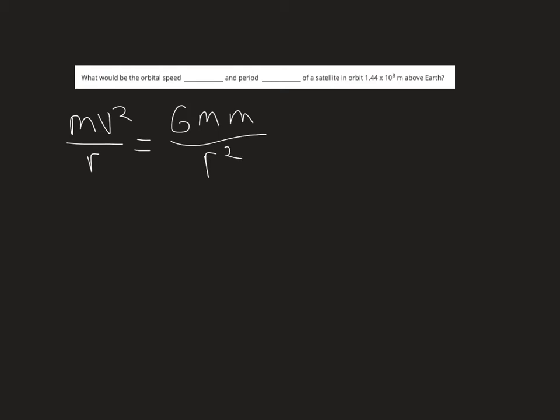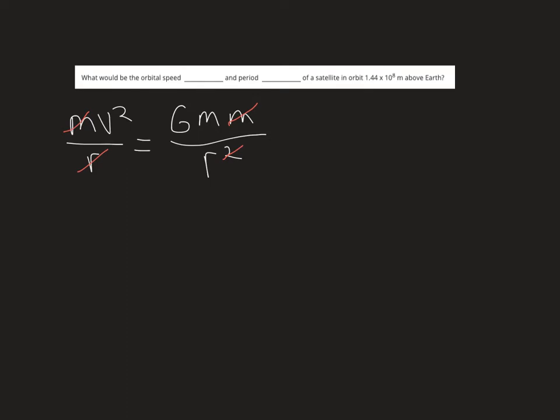Remember, centripetal force is not a new force, it's just whatever forces are pointing to the center of the rotation. So I can simplify this formula down. The mass of the satellite in this case doesn't matter. And then we have the distance between them. One of those cancels out.